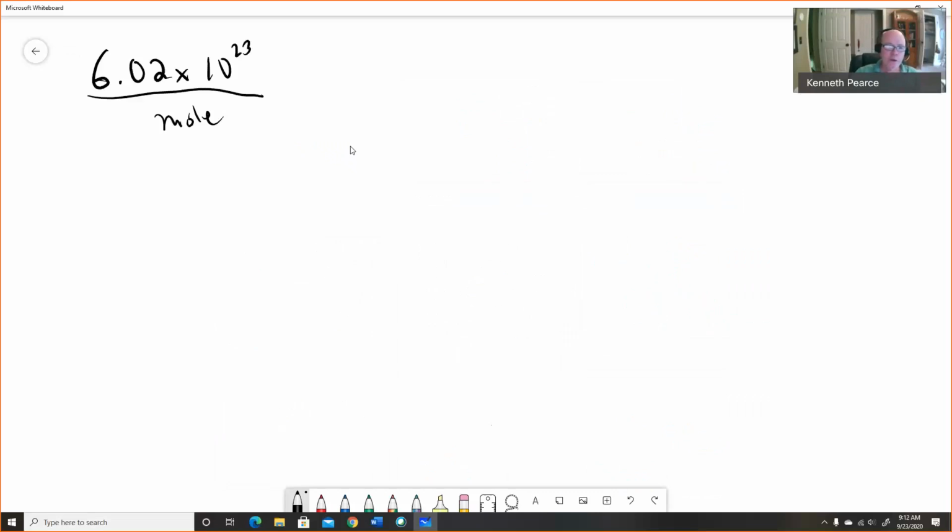Okay, now, it turns out that if you have 6.02 times 10 to the 23rd of carbon 14, then that will be equal to a mole of carbon 14. Pardon me, that's carbon 12. Excuse me, let me change that.